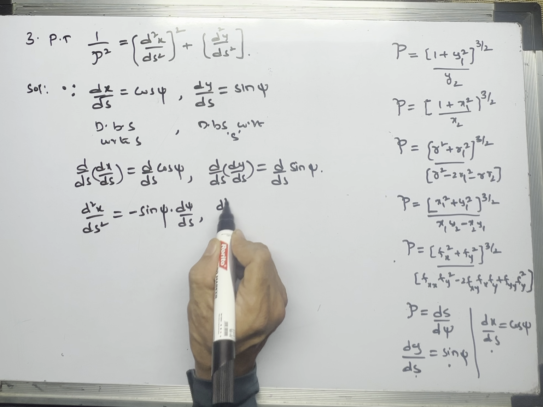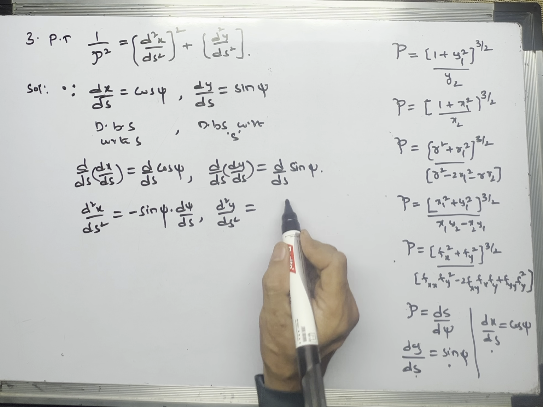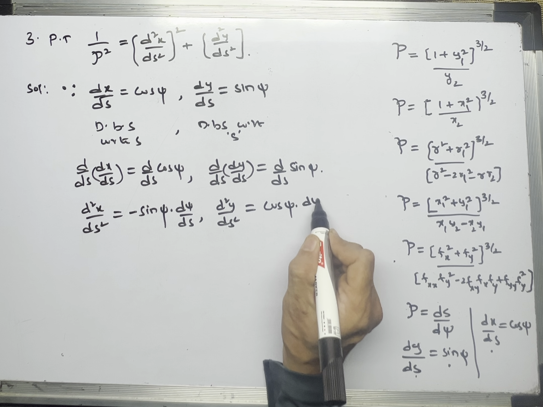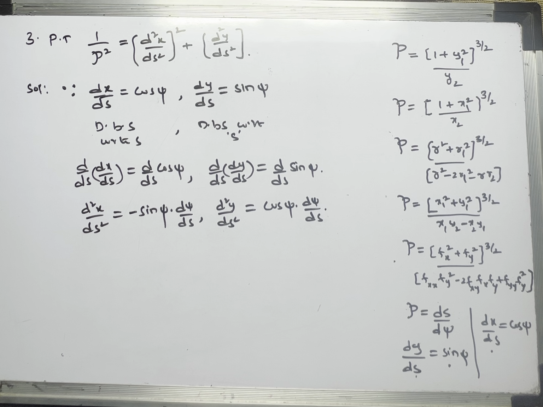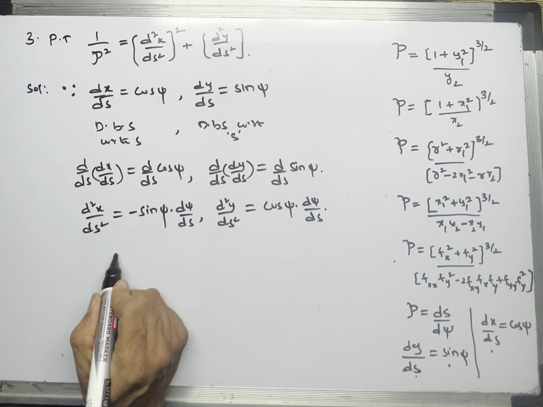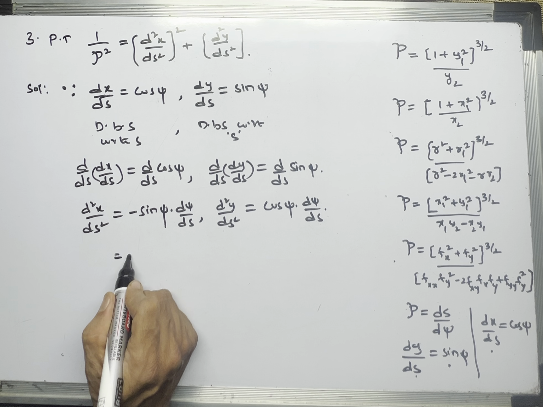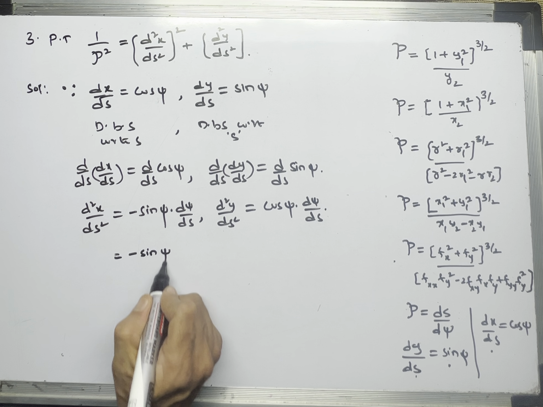Here, same thing, d square y by ds square equals cos psi, since the derivative of sine is cos, then d psi by ds.